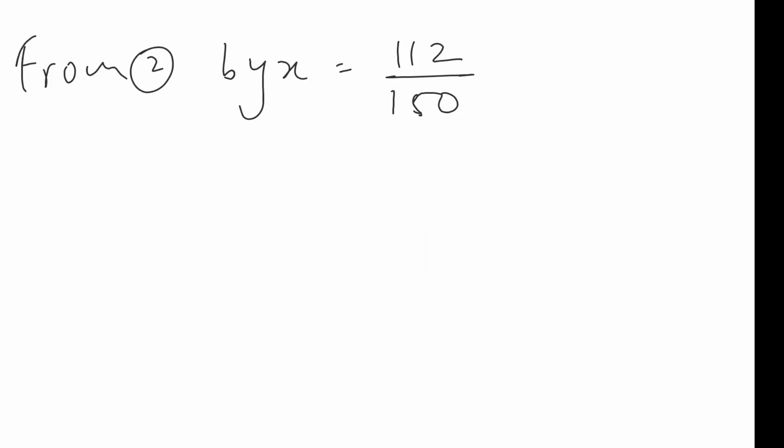So we can just simplify this. So this is equal to, reduce it by 2. Down there will be 75 and up there will be 66. 66 upon 75, right?